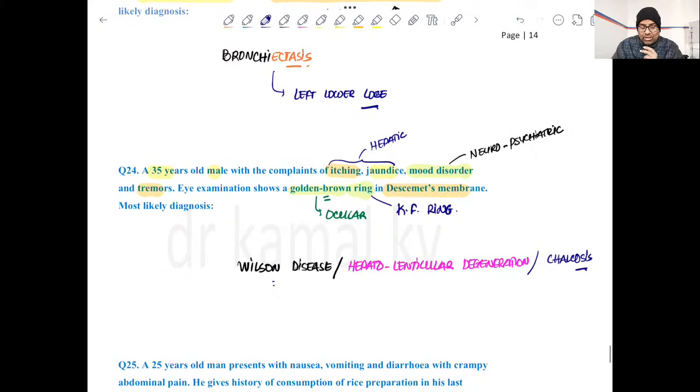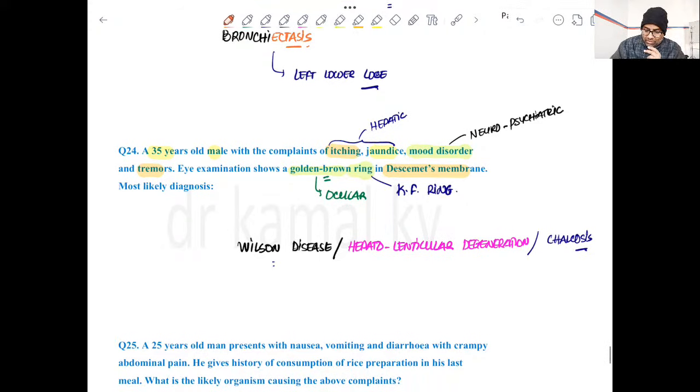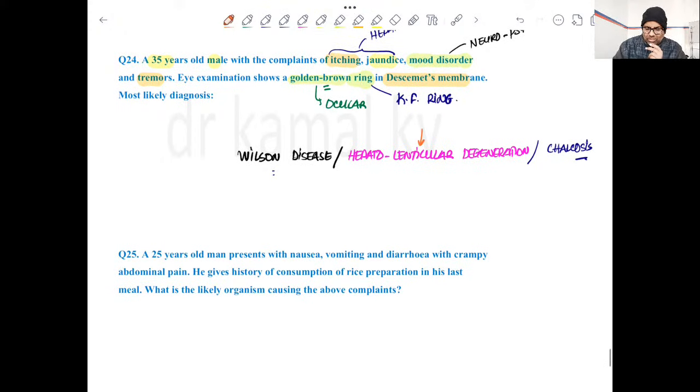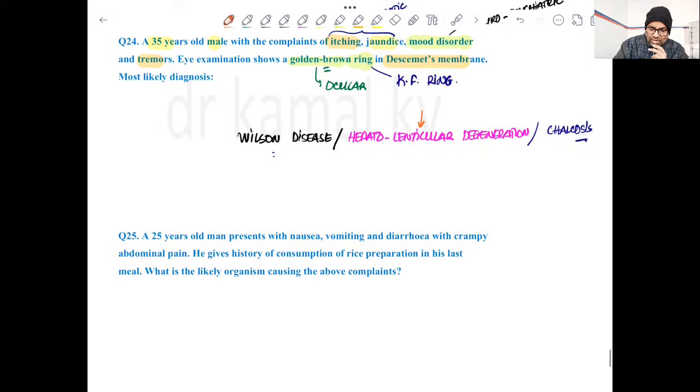They can give you hepatolenticular degeneration or chalcosis. So you should know that all the terms are actually representing one particular condition only, right? Because I have seen one question where there was no mention of Wilson disease. The term was hepatolenticular degeneration in the answer. Clear? So anyway, I think most of you must be good with this entity.